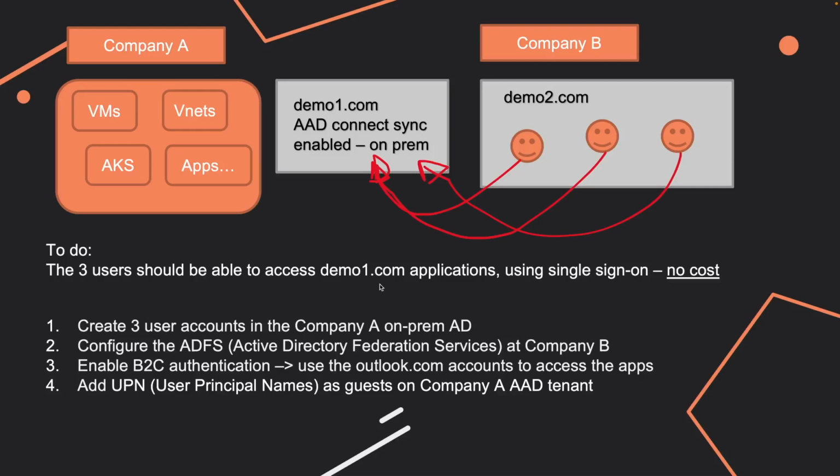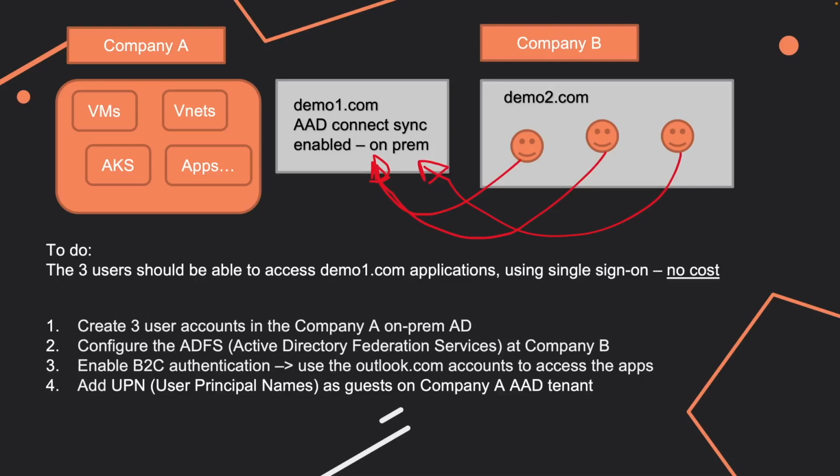And you get 4 options here. So either you create 3 user accounts in the company A on-prem AD, or you configure ADFS, Active Directory Federation Services, for company B. Or you can enable B2C authentication.